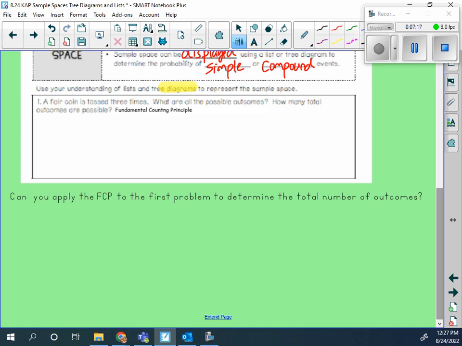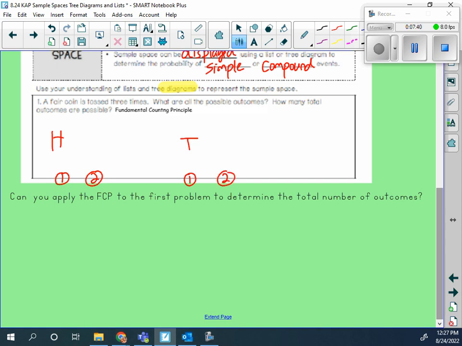So toss number 1 happens. When toss number 1 happens, what could we get? Heads or tails. Perfect. There's toss number 1. Okay, toss number 2 happens, and what could have happened on that coin?